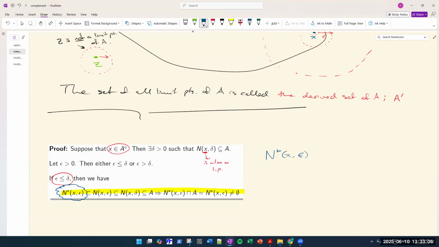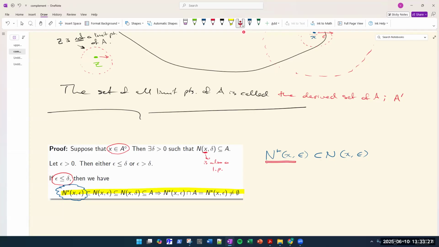Now notice that the deleted neighborhood is always contained in the full neighborhood, right? So why is that true?